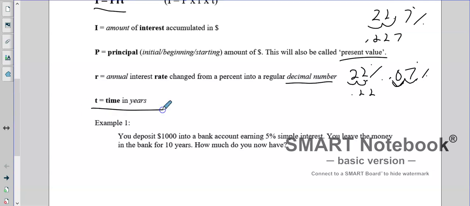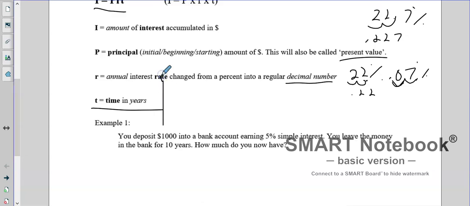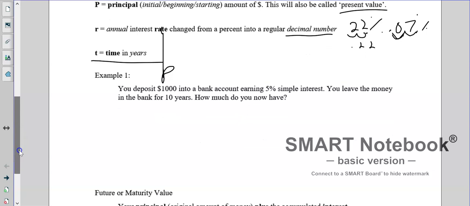And then T is time in years. Example 1. You deposit $10,000. That is your big P, your principal, the amount of money you're putting in. Here's your rate: 5% is 0.05, because we move it 2 places to the left.